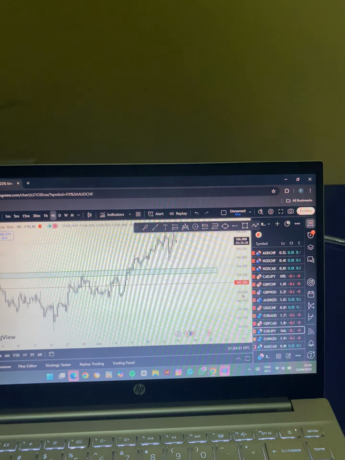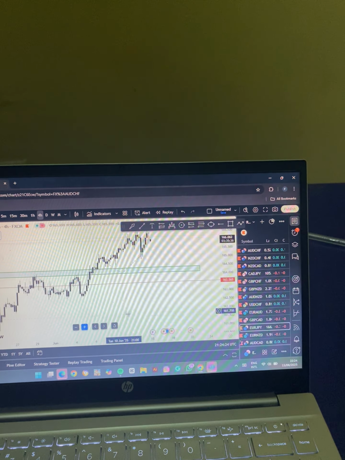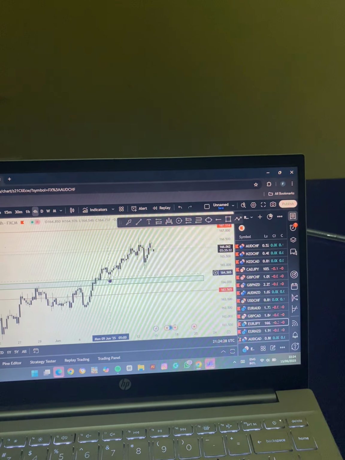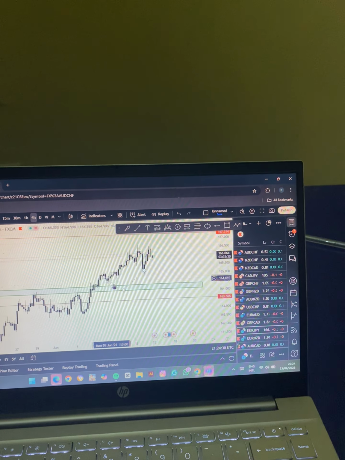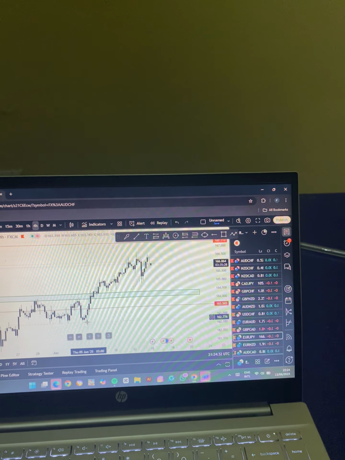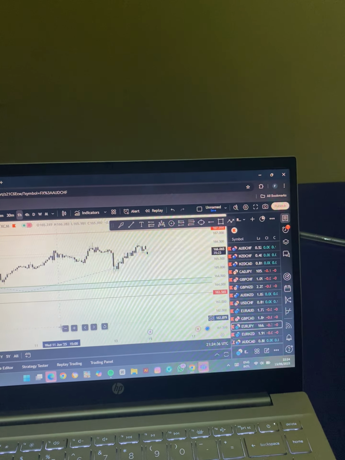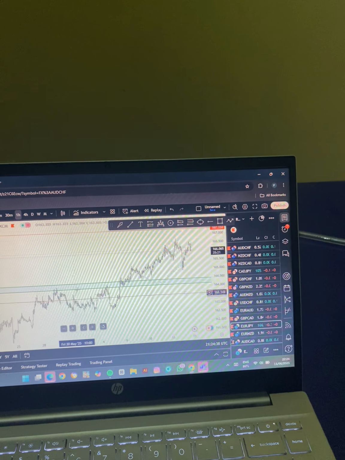So I expected price to have more of a pushback around this area. It did have the pushback, but not as I wanted it to. I wanted more of a pushback to this box, so my SL would be better. But like we always say, it is what it is.